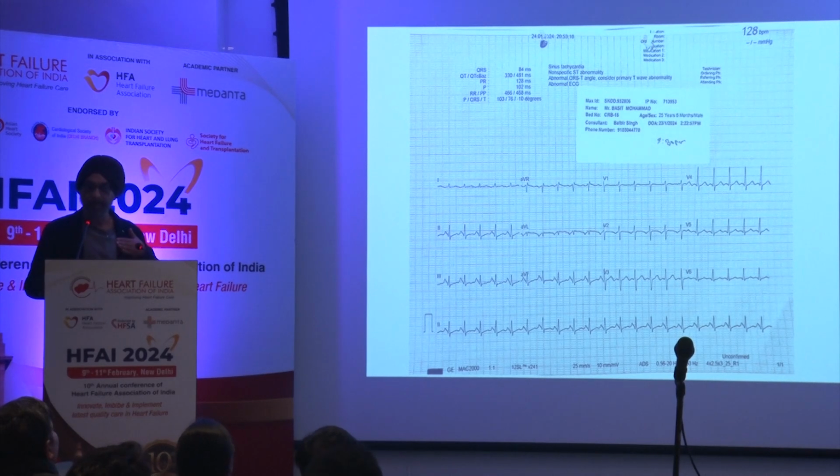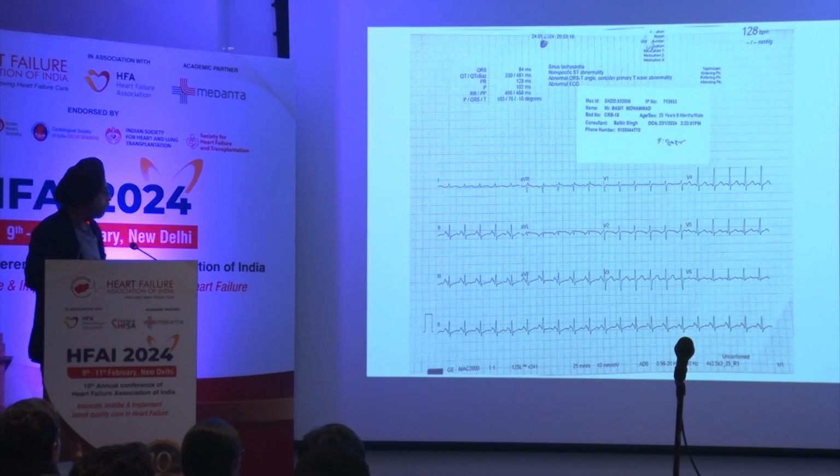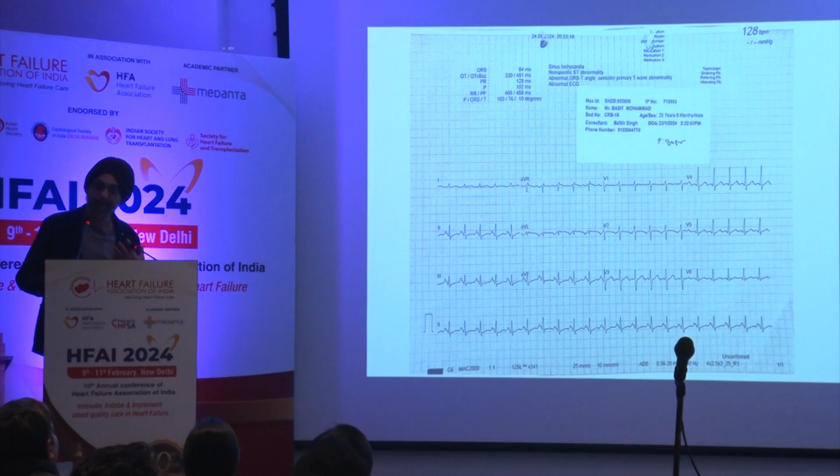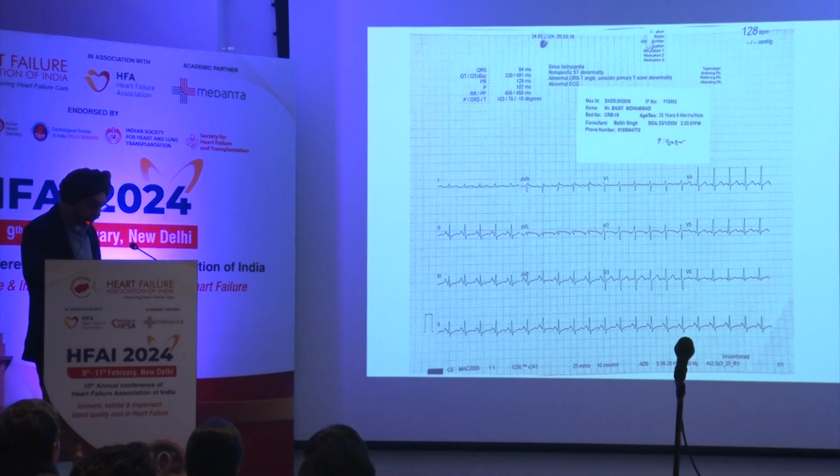So the impulse is moving from where? It is moving away from the left side, right? So it is on the extreme left. V2 is negative. Okay. So V2 is a lead here. So again, it is moving leftward. So it has to be a peculiar tachycardia. And this was a unifocal tachycardia.